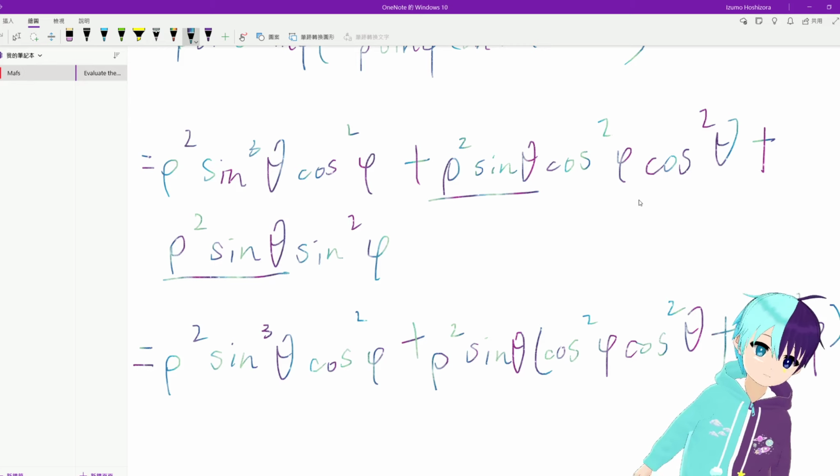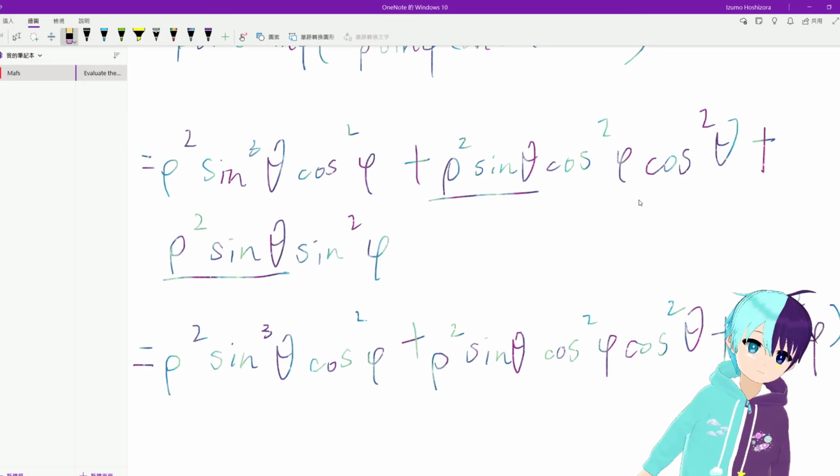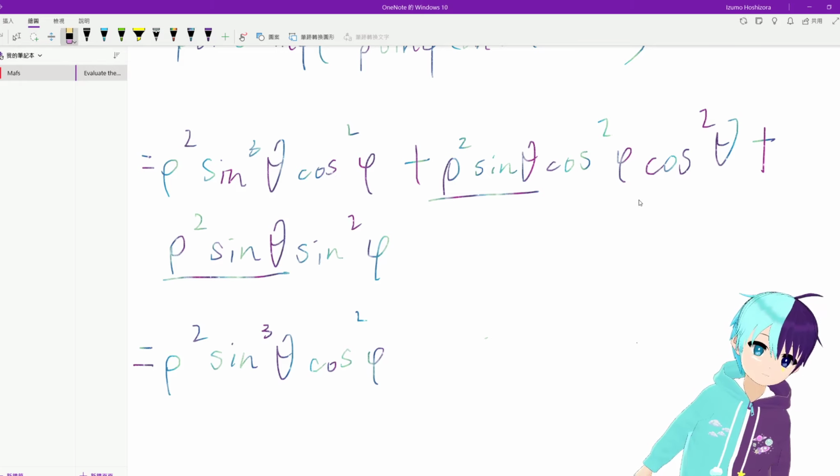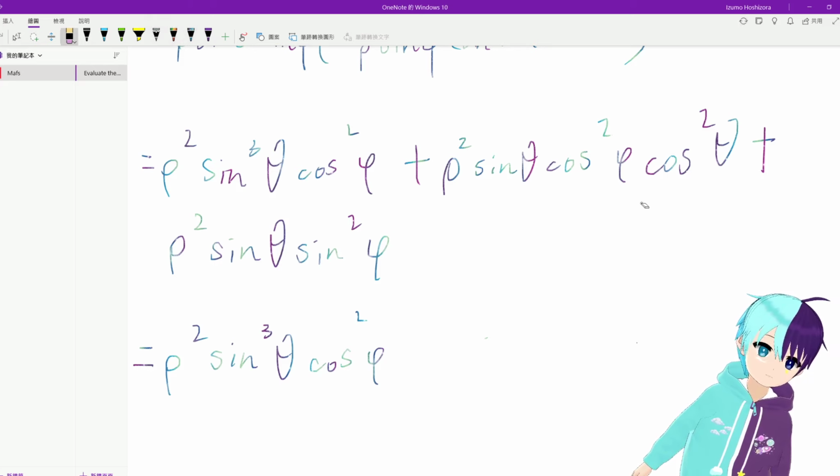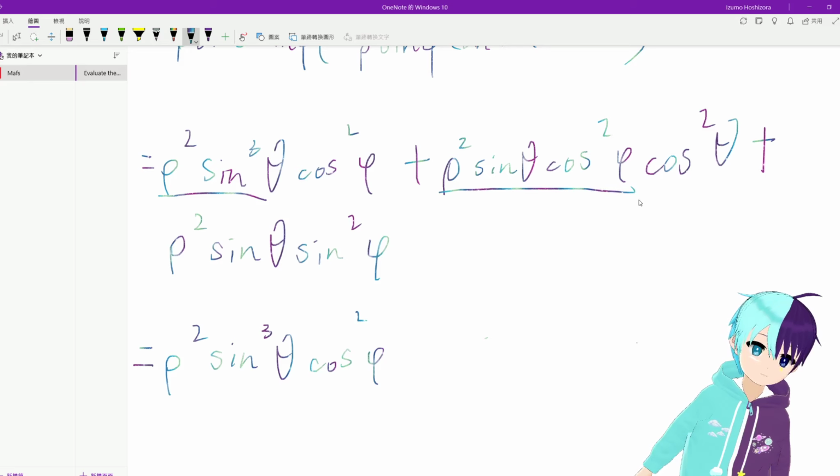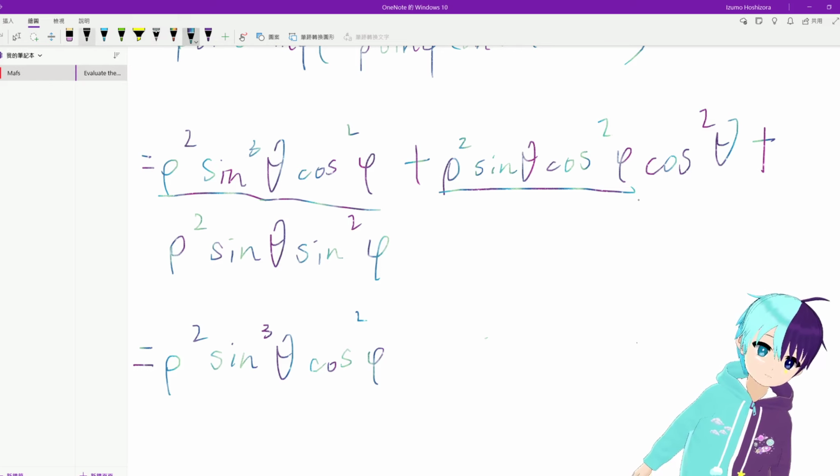Actually, it would be better because we can't do anything with this. But if you notice, it's actually better if we consider the common factors of the first two terms, because they actually have more in common. They have cosine squared phi in common. So let's draw rho squared sine theta cosine squared phi as the common factor.